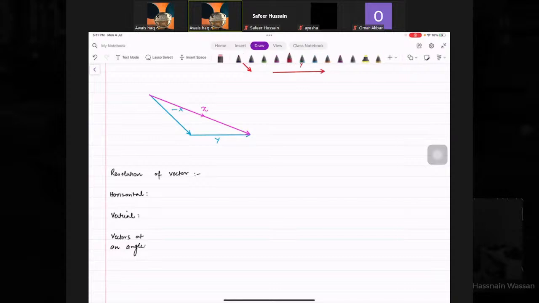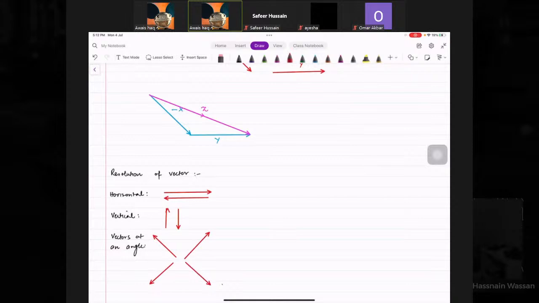Horizontal means a vector could be right or left. Vertical means a vector could be up or down. And vectors at an angle means that they are maybe like this, or this, or this, or this.